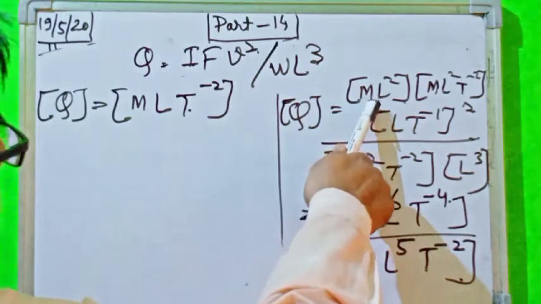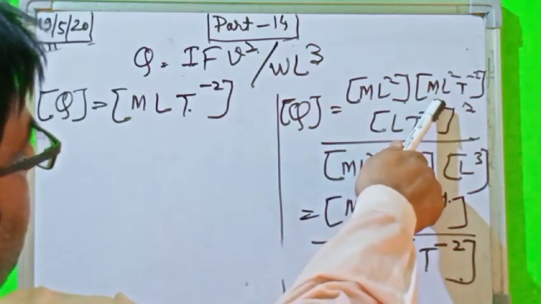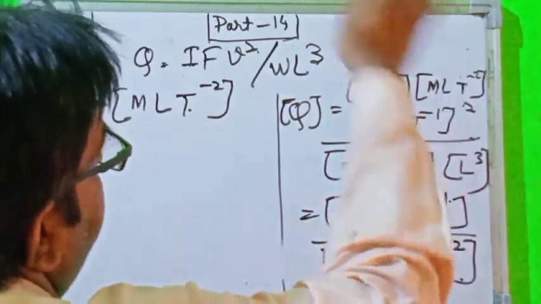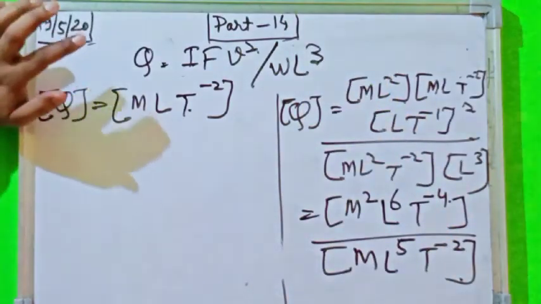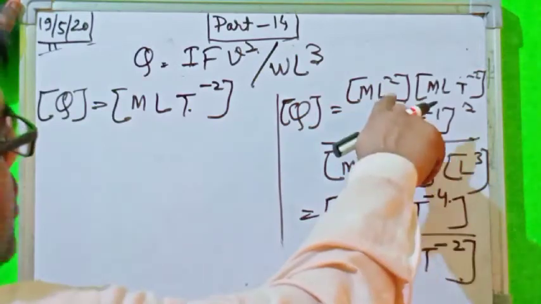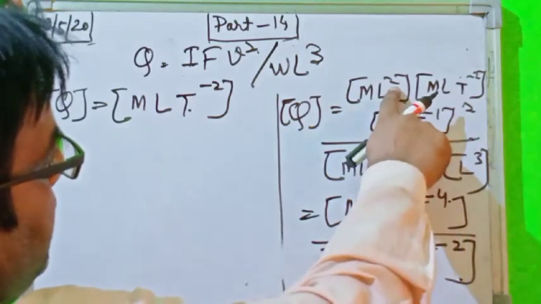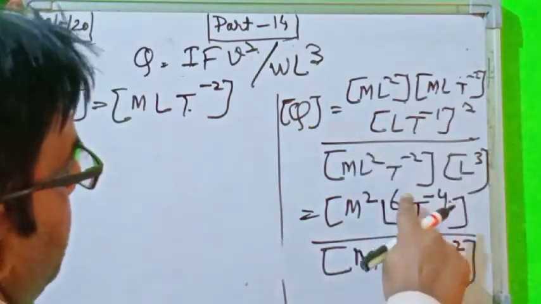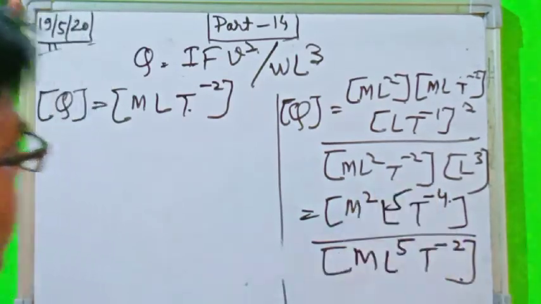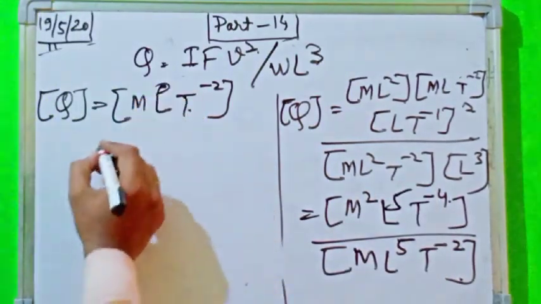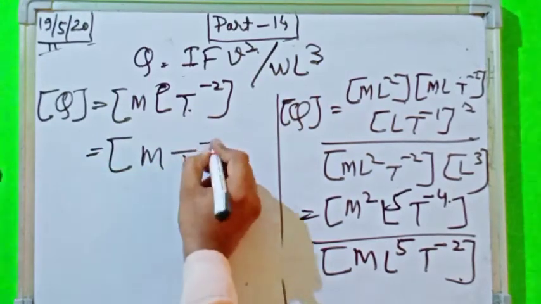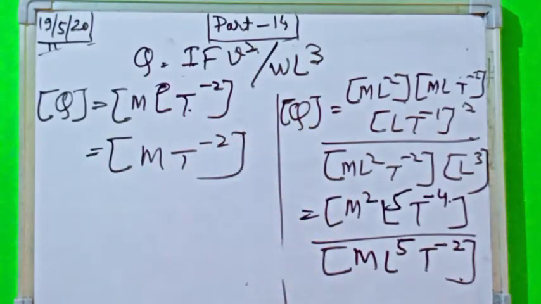I is equal to M L square, and force is M L T minus 2. So M L square and L square, L to the power 5. Here L to the power 5 cancels, and it is equal to L to the power 0. Now it will become M T minus 2. It will give M T minus 2. Now look in the table.